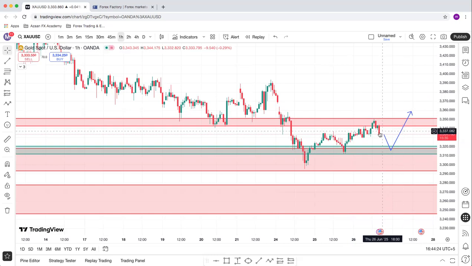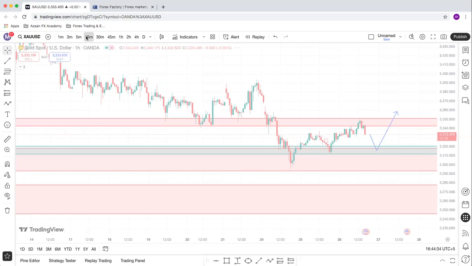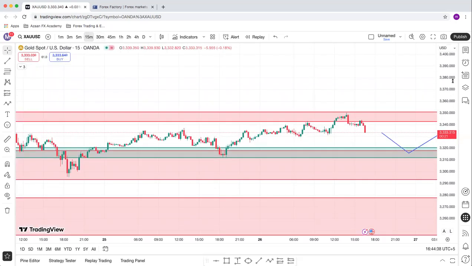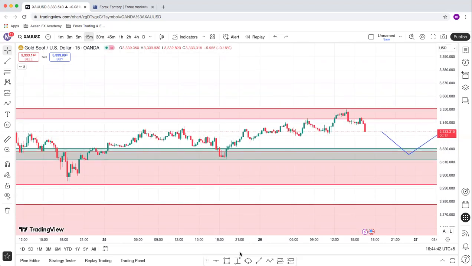And for the moment, gold is coming downside, so you may take sell entries in 5 minutes or 15 minutes. Here in 15 minutes, we see the gold is at its last support.